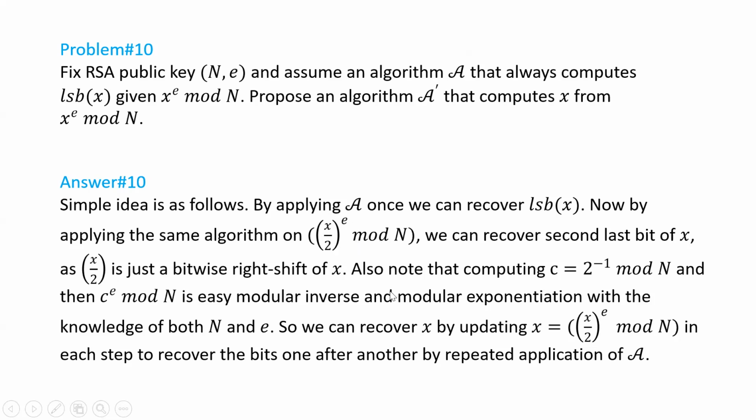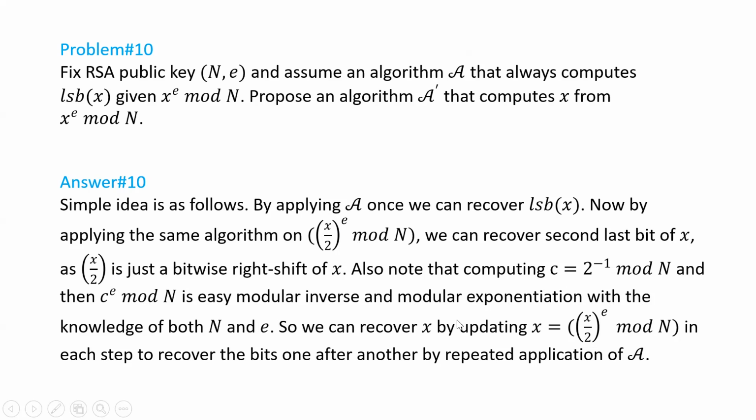That is nothing but, you can think that c equals 2 inverse. Okay, 1 by 2 you can also write as 2 inverse mod n. If we denote that value c, then computing c, that is 2 inverse mod n, and then c to the power e mod n is an easy modular inverse and modular exponentiation operation with the knowledge of both n and e.